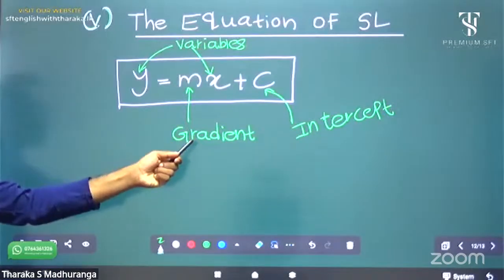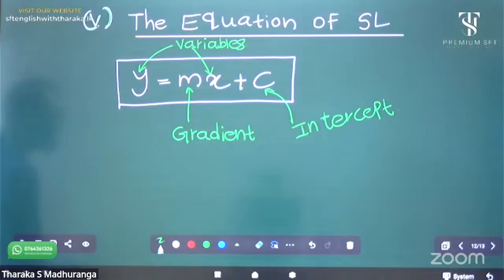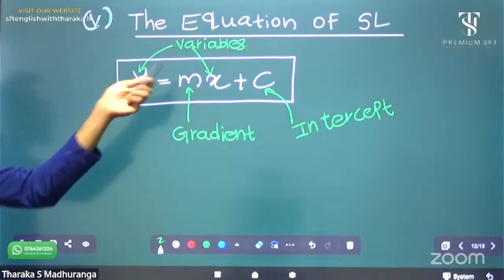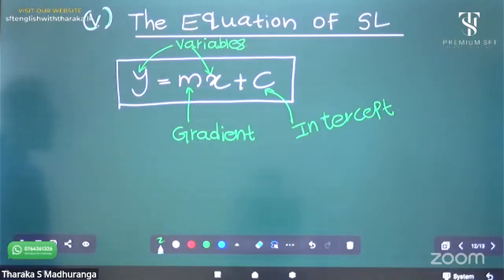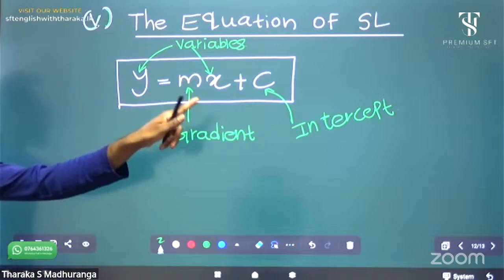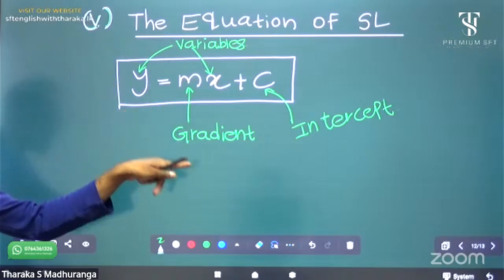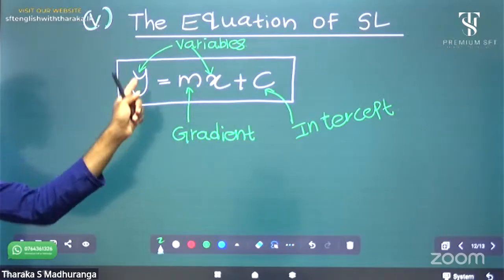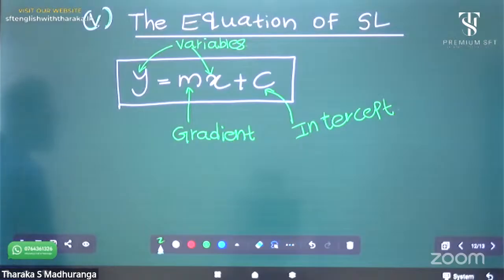Label them: m is the gradient, c is the intercept, and y and x are the variables.